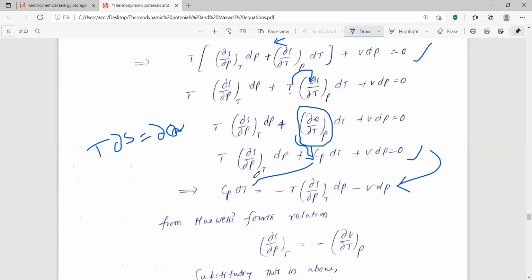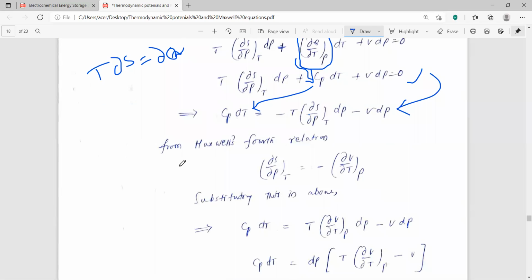So if I take these two values to the right hand side, this equation becomes, you see, Cp dT equal to minus T dou S by dou P at T into dP, and minus VdP. So, from Maxwell's fourth equation, dou S by dou P at T equal to minus dou V by dou T at P. Now, instead of this value, I can substitute the Maxwell's fourth equation.